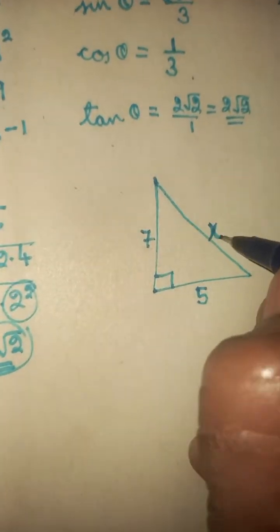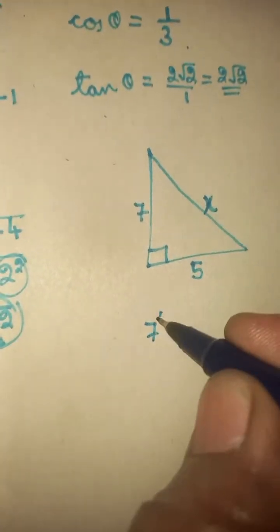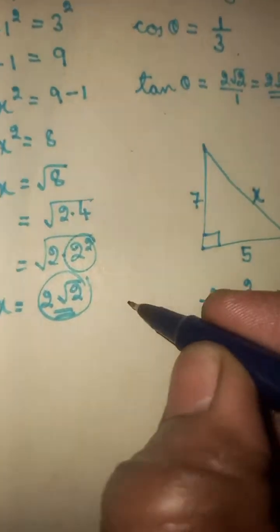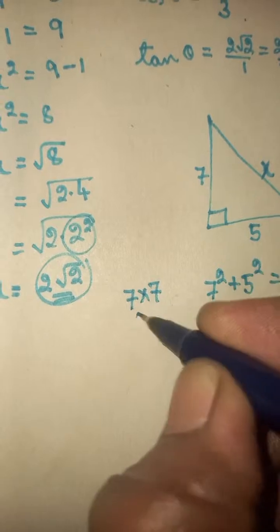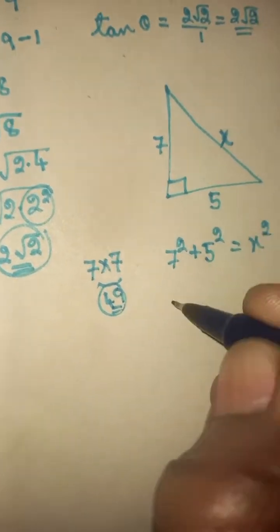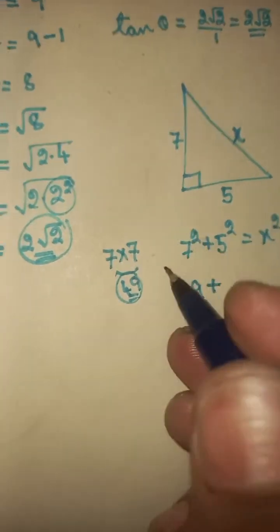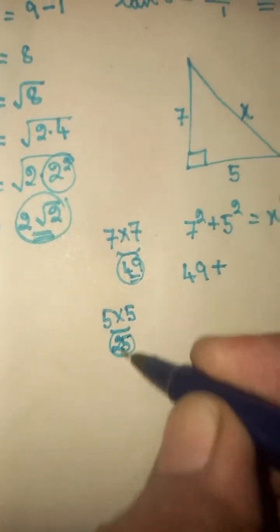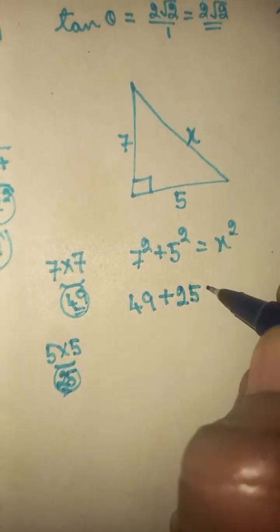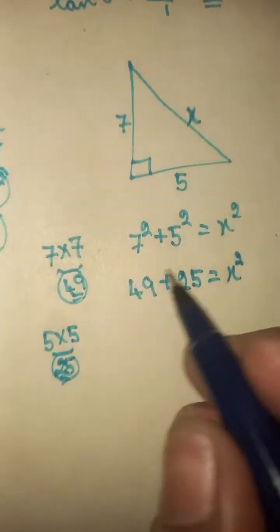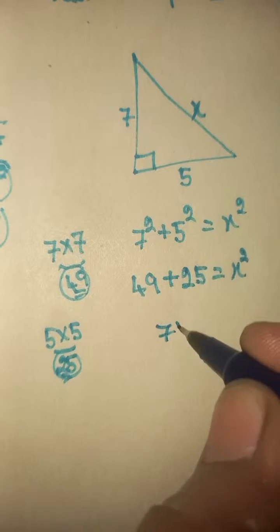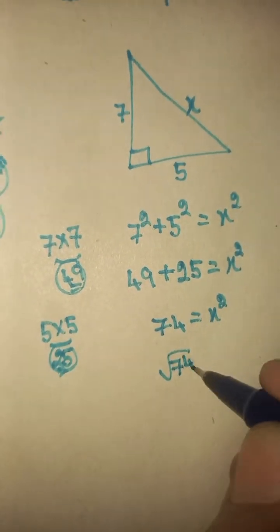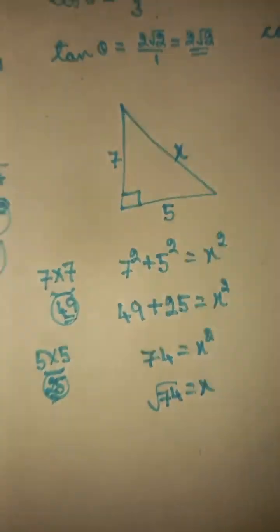You need to find out the hypotenuse. 7 square plus 5 square is equal to x square. 7 square means 7 times 7, which becomes 49. 5 square means 5 times 5, which becomes 25. So 49 plus 25 becomes 74 equal to x square. The square goes to that side, it becomes root 74 equal to x.